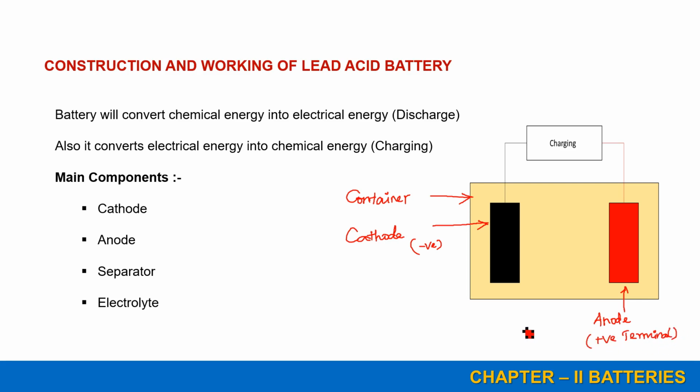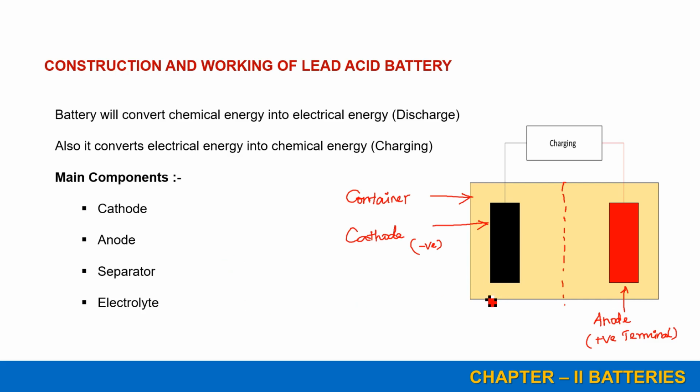So you have two electrodes, one is the cathode and another one is the anode. One is the positive electrode and another one is the negative electrode. And then you have the separator. This separator separates these two electrodes, so that a short circuit will not be created inside the battery.